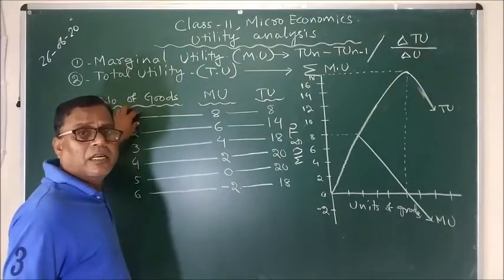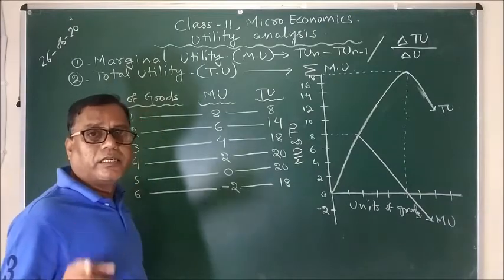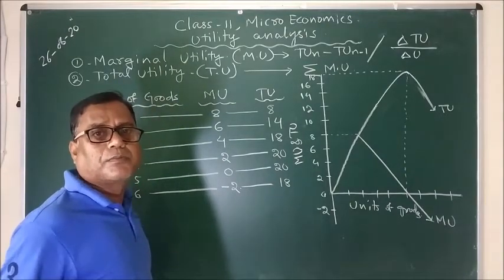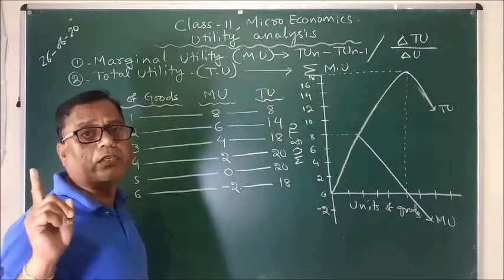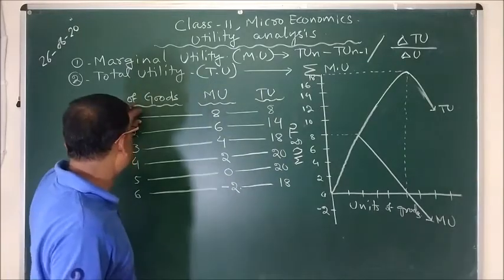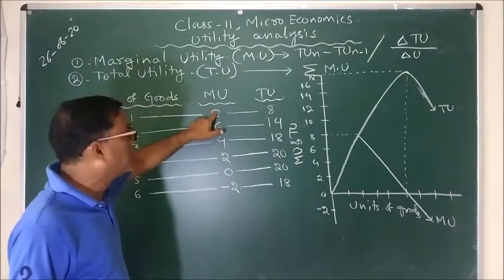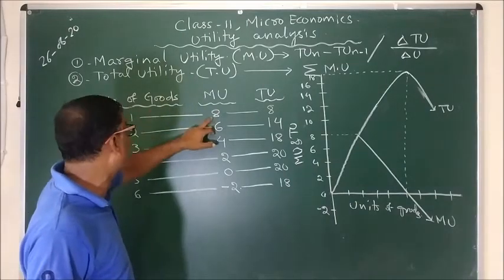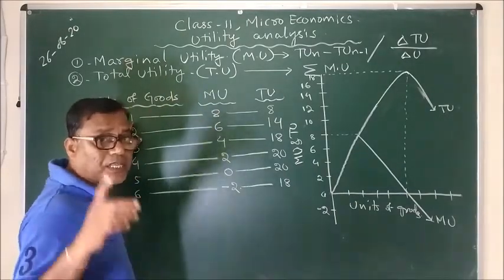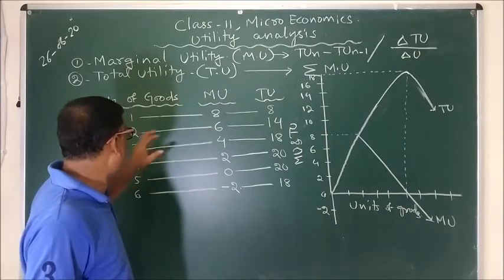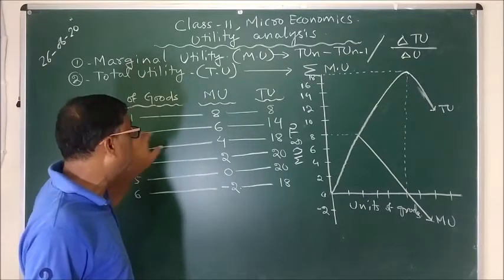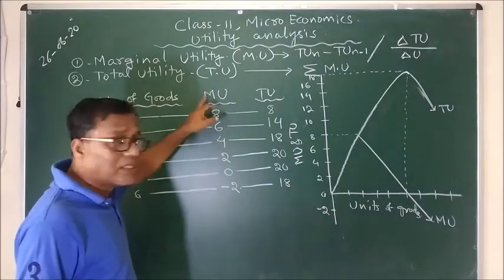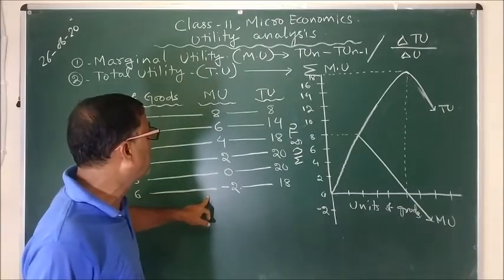Marginal utility is the utility derived from the consumption of a single unit of a good or service. Here, the marginal utility that we are deriving from the first banana is 8. The marginal utility of the second banana is 6. The marginal utility of the third banana is 4. So this is the concept of marginal utility.